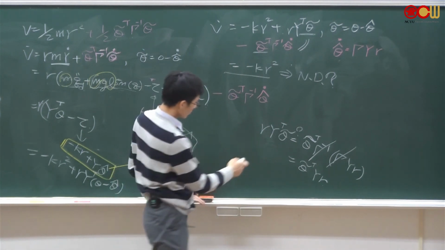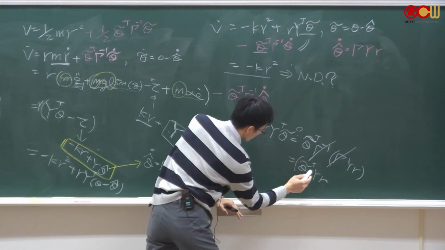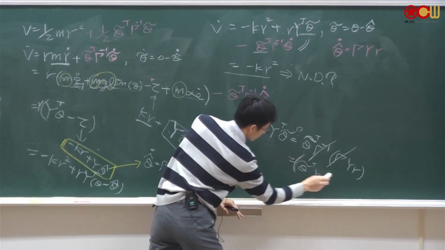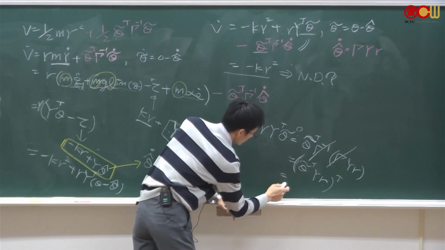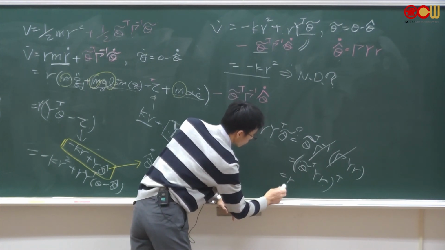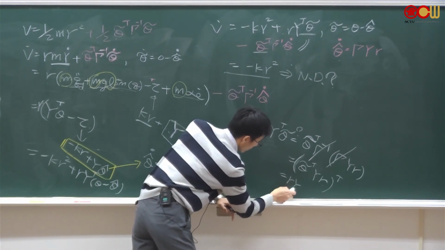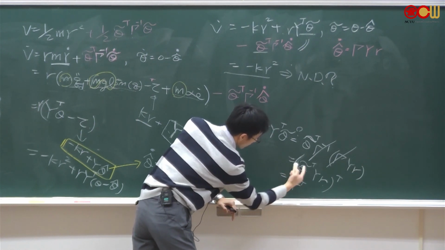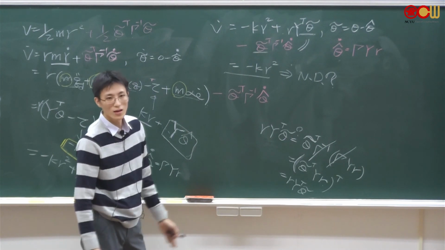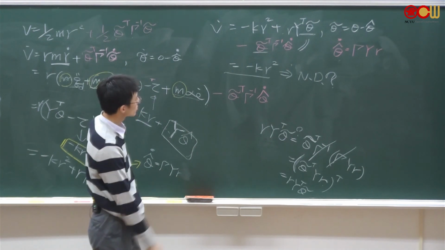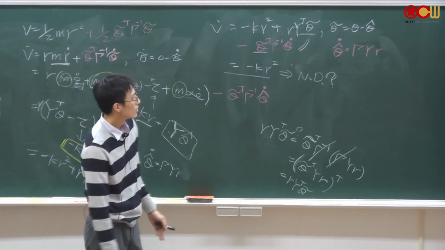So if you take the transpose, it should still be equal. You take the transpose, this gives you r, then r transpose, Y transpose and theta tilde. So it's the same, so they can be cancelled out.